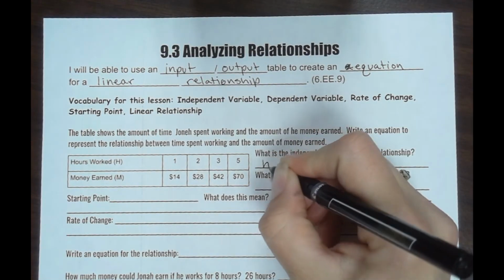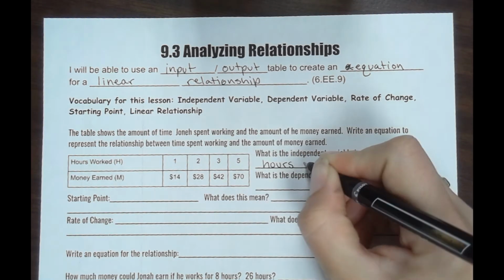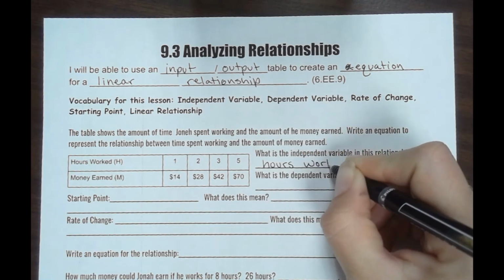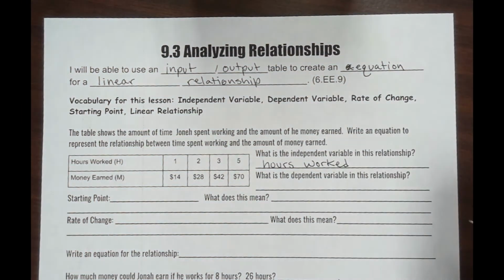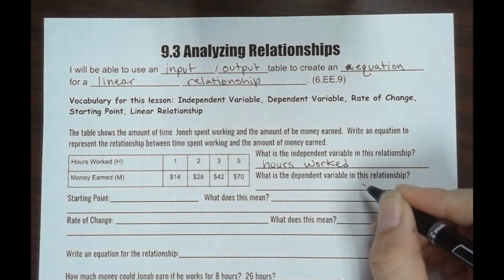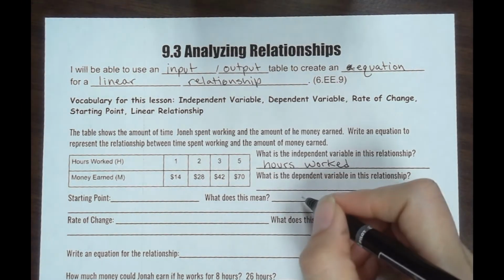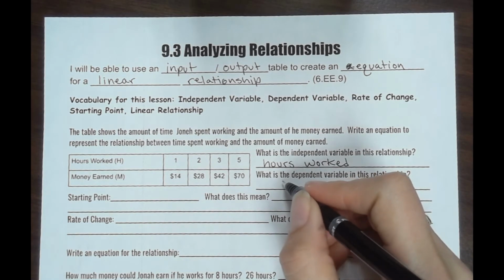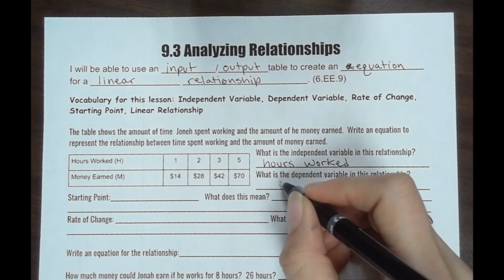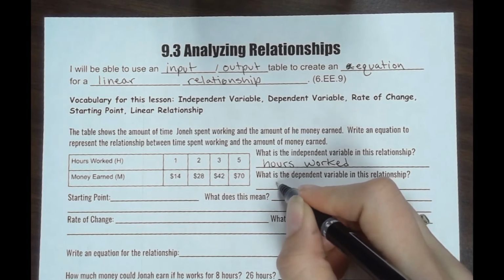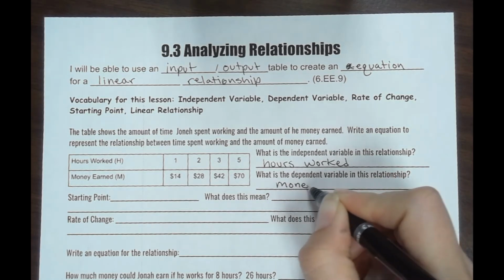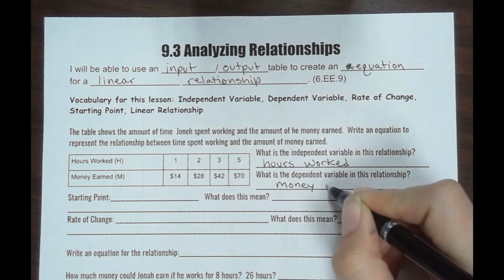So hours worked is our independent variable. The dependent variable in this relationship would be money earned, because he worked, he earned money.